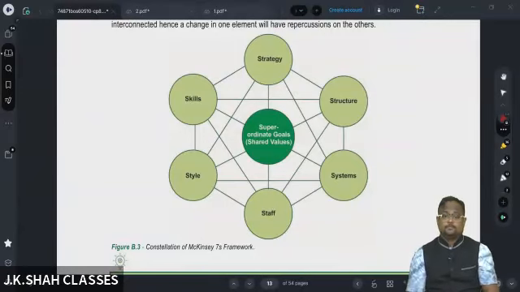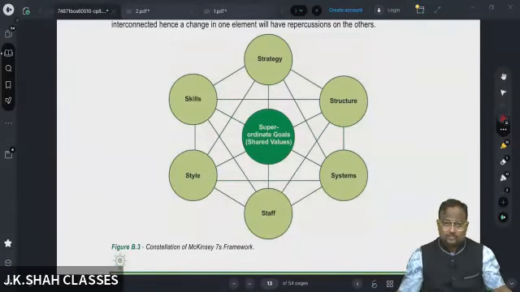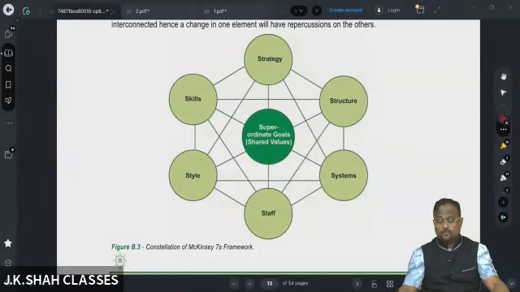You have a strategy. Okay, profit maximization is your goal. You will have a strategy for that. Before you make the strategy, you should know the structure of the organization, so that different hierarchy you should be knowing, and responsibility centers can be found out, and responsibility can be placed on each and every manager separately.